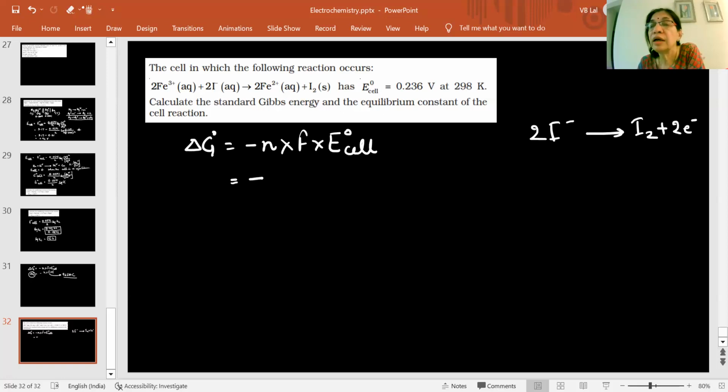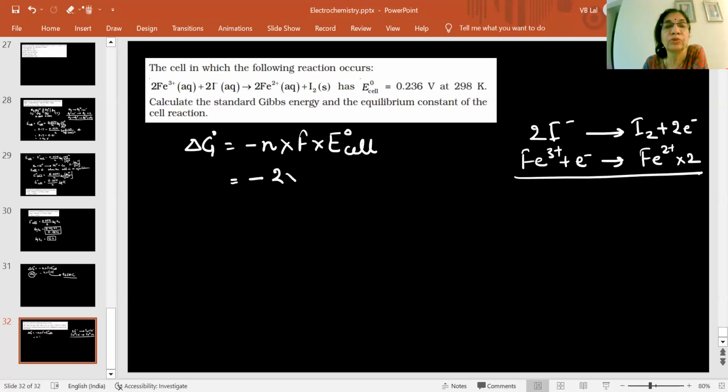And next is Fe3+ plus e- is changing into Fe2+. So this equation I'll have to multiply by 2. So the value of N is equal to 2. So 2 into 96500 into 0.236. Tell me what is the answer.